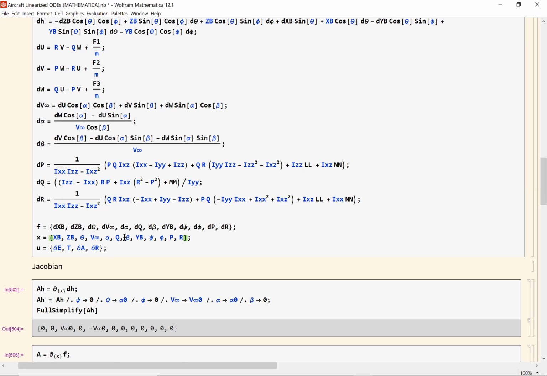And then the second 6 are the side slip angle, the Y component, then yaw, roll angle, and the other two components of the angular velocity, P and R.